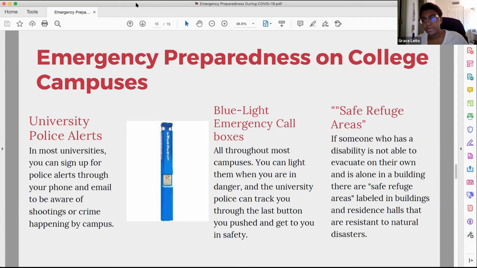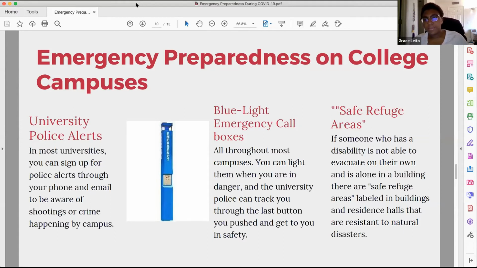Safe refuge areas. If someone who has a disability is not able to evacuate on their own and is alone in a building, there are safe refuge areas labeled in buildings and residence halls that are resistant to natural disasters. These areas all have different names for different universities, so you can check on your university website.